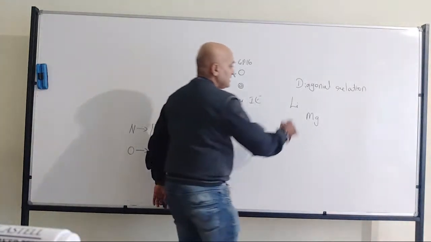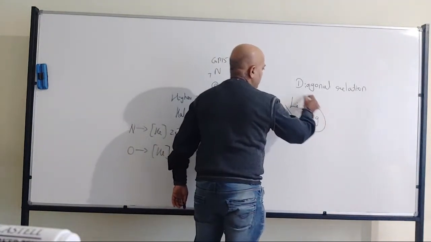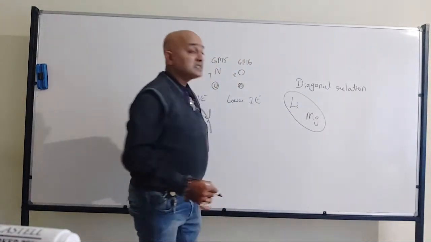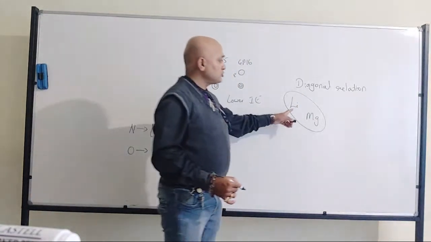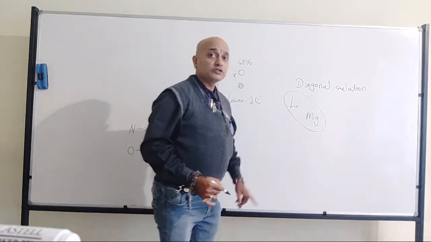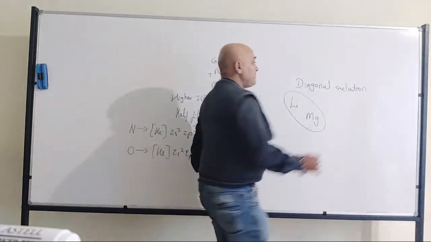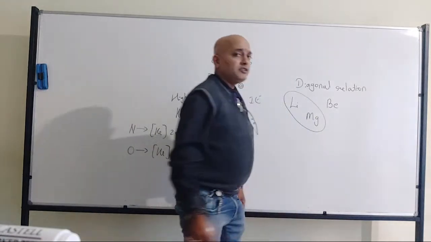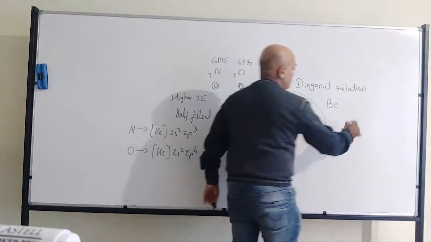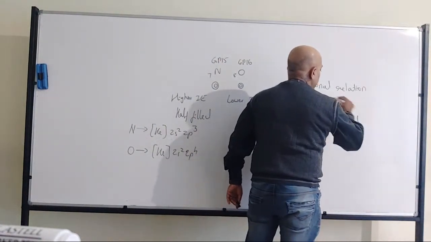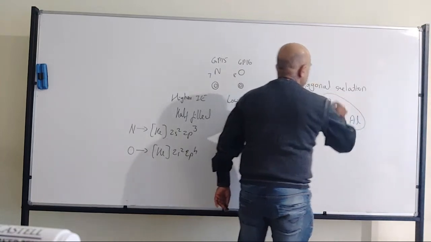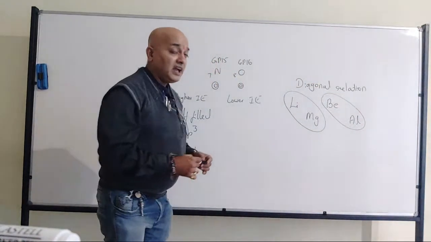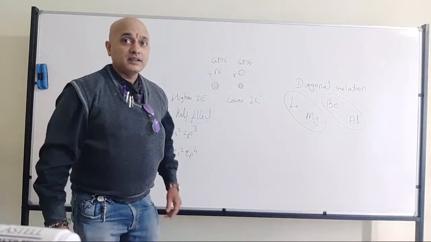I am not telling same, I am telling similar property. One belongs to group 1, another belongs to group 2. Same way, we have beryllium, which will have similar property to that of aluminium.